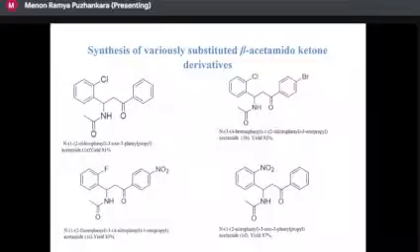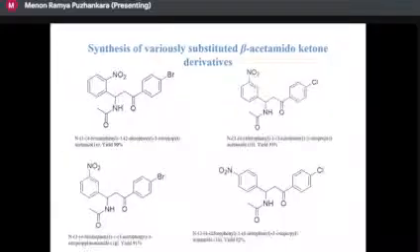We have synthesized nearly 12 beta-acetamidoketones in our lab, and all these products were obtained in excellent yield. And these are the various beta-acetamidoketones that I have synthesized in our lab.